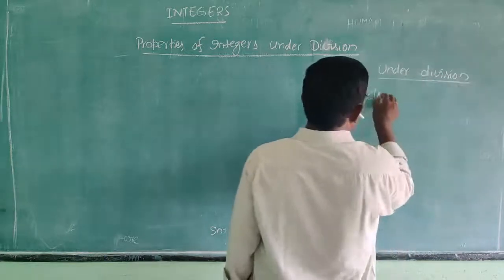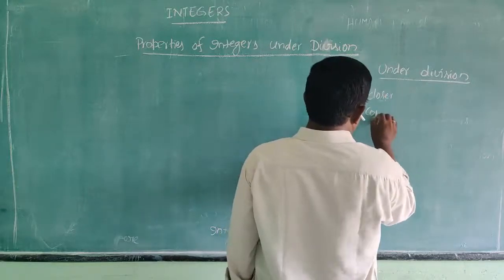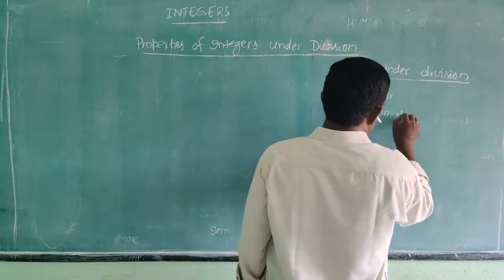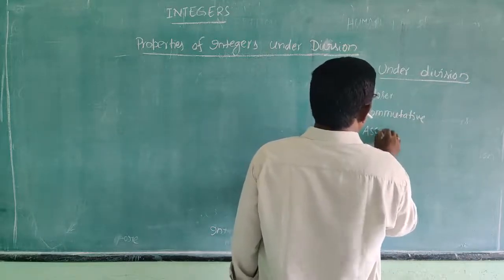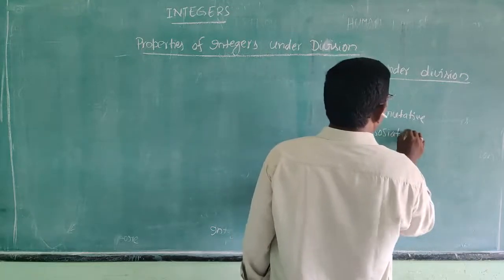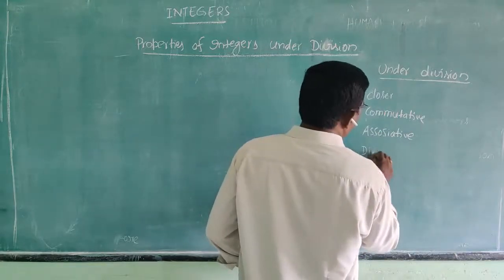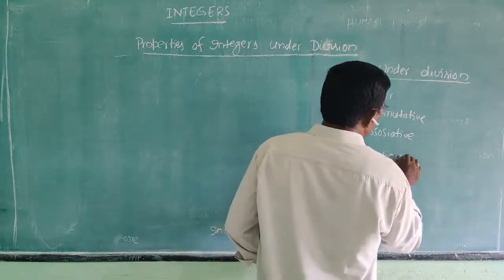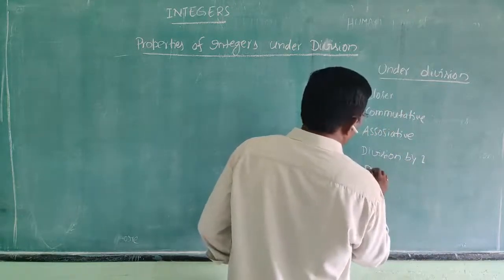Next, commutative, associative, division by 1, division by 0.